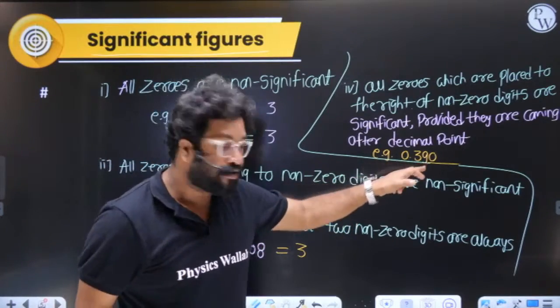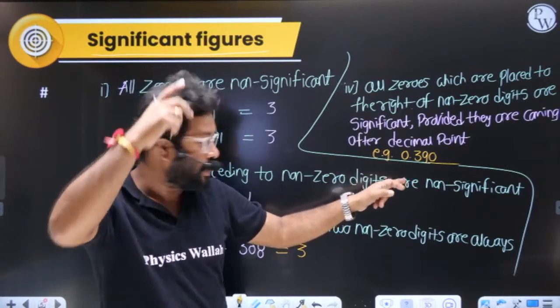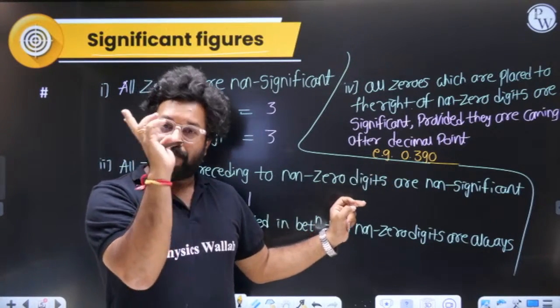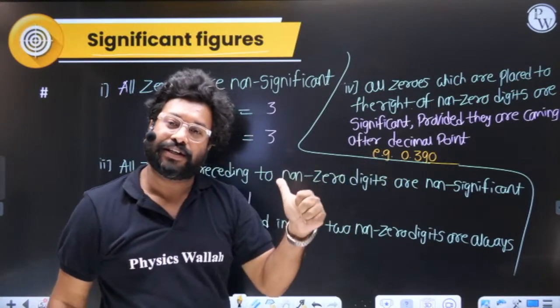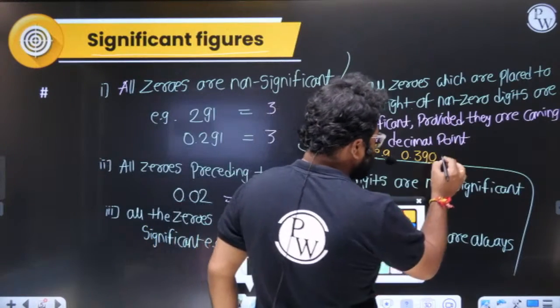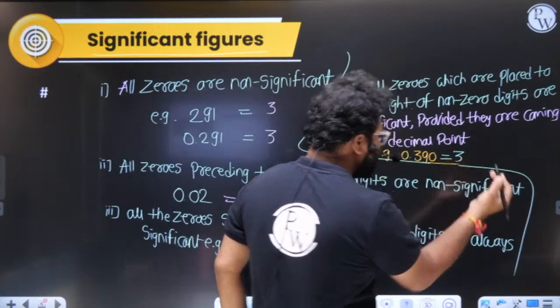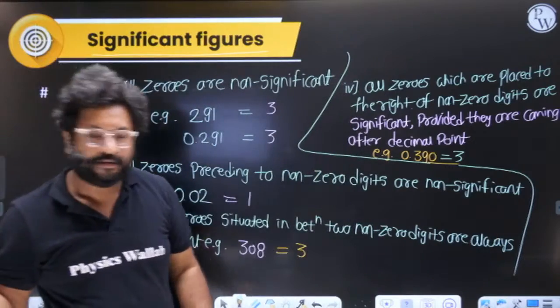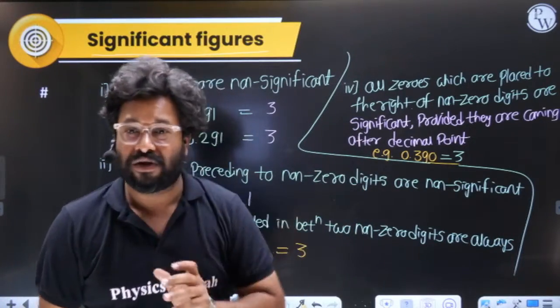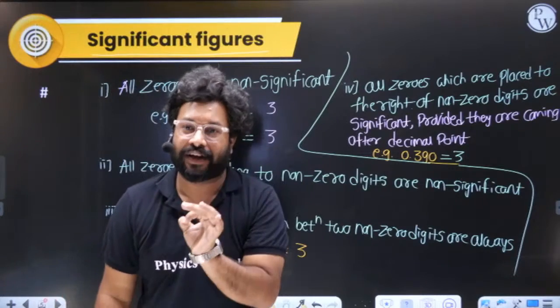Because non-zero digits come before it, this 0 would always be significant. That's why you have 3 significant figures only.